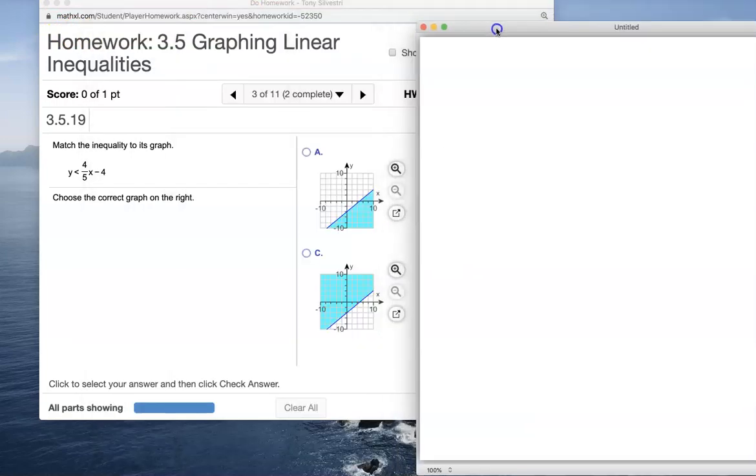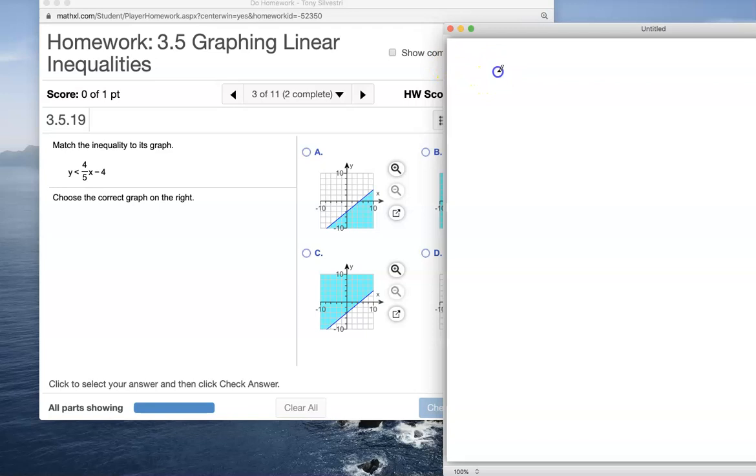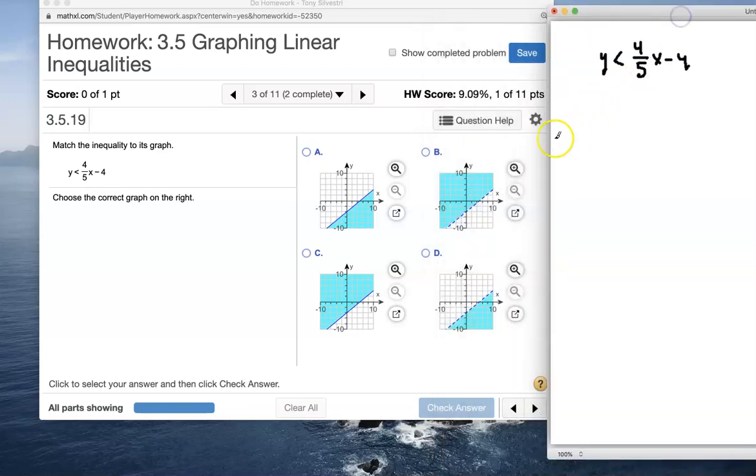Okay, and what we're going to do, of course, is copy this inequality down. 4/5 x minus 4. So what you're going to do is pick a test point. See, what happens is this line separates the grid into two regions.